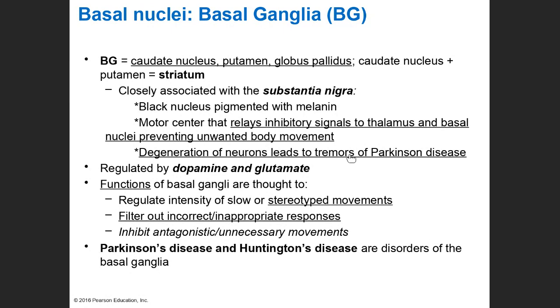I'm going to detail that out even more when we talk about Parkinson's specifically. But for now, you should know Parkinson's disease is caused by a degeneration of the substantia nigra. And this is why we're going to see tremors, because we're not able to filter out unwanted movements. We're not able to filter out unnecessary movements because the substantia nigra is degenerated.